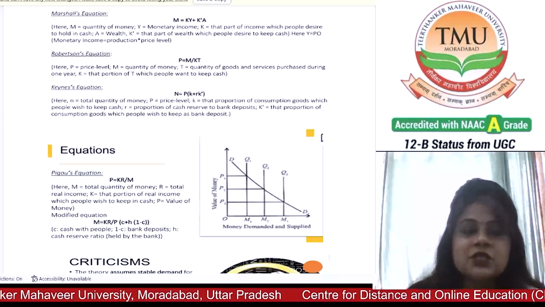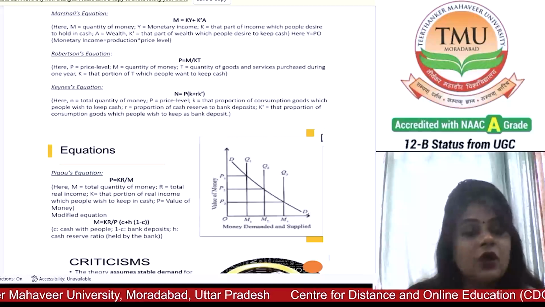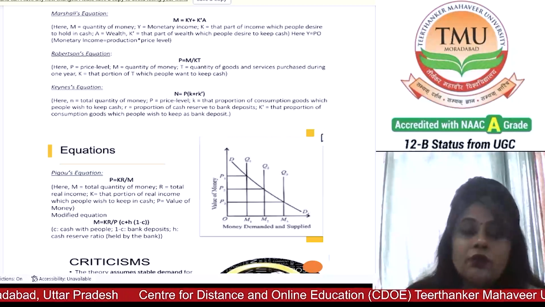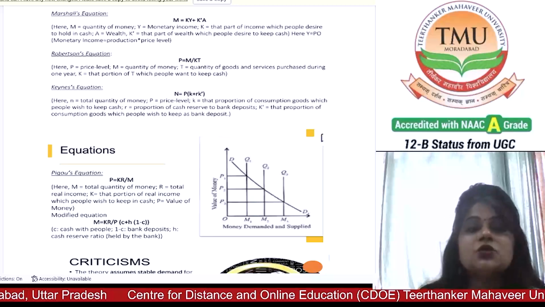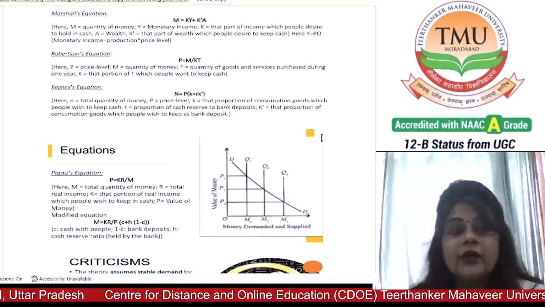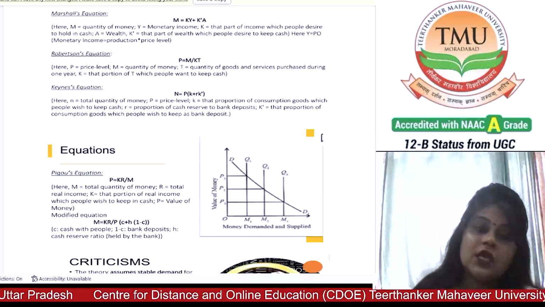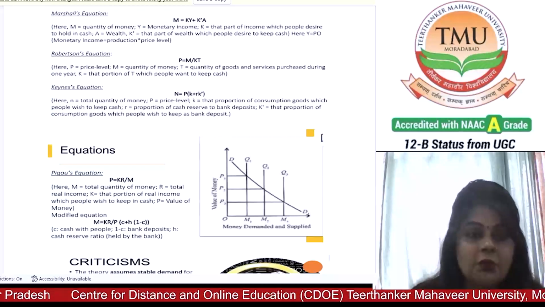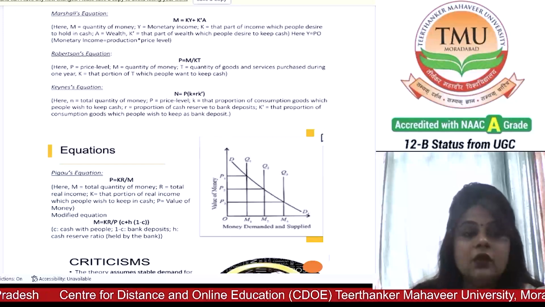But Keynes' definition is also criticized because in this definition he takes K, K dash and R, and it is very difficult to measure K, K dash and R. This equation ignores the velocity of real money and credit money.